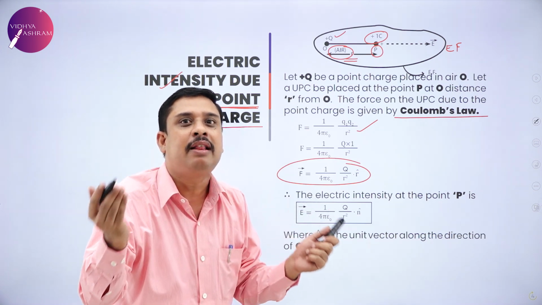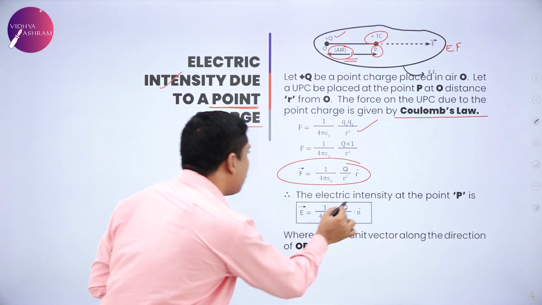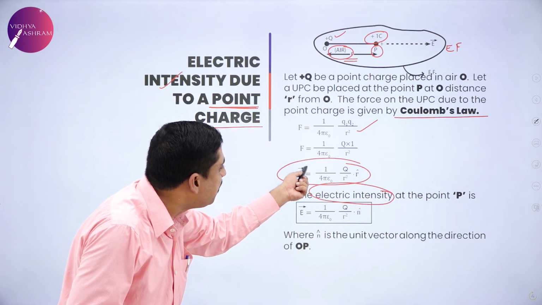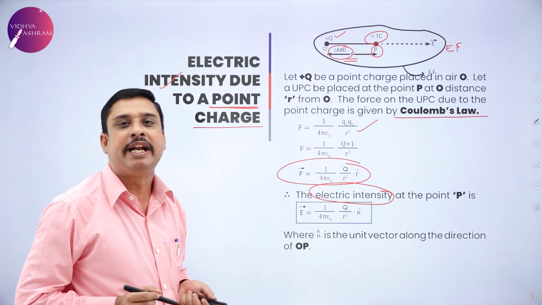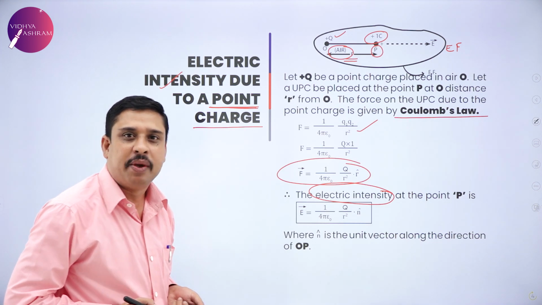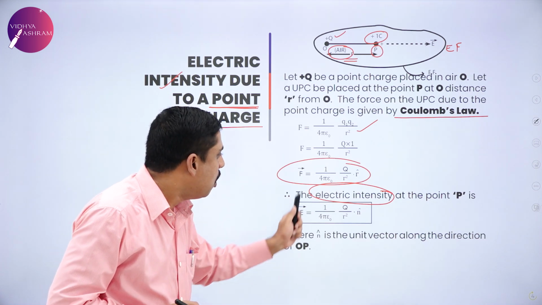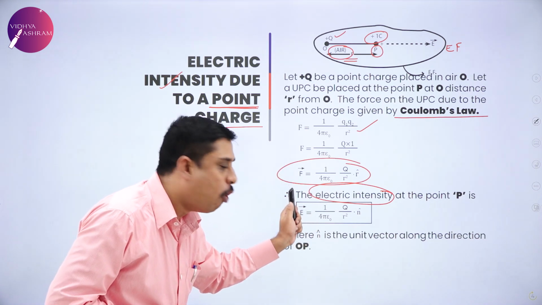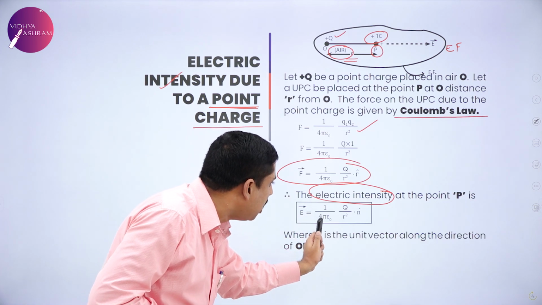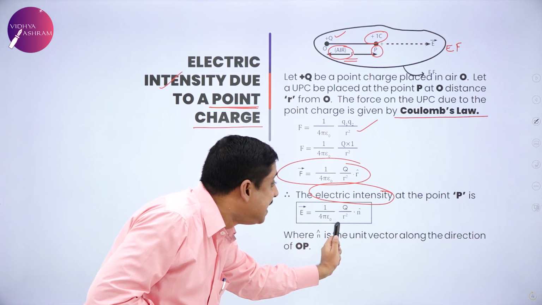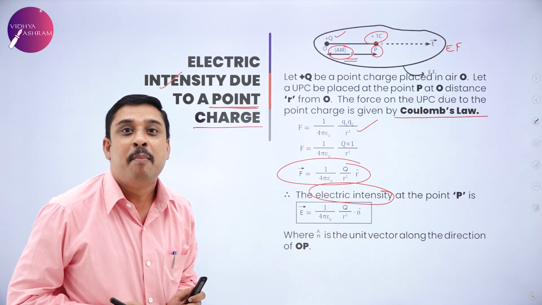And what did we call that force? It was nothing but intensity. So I have computed the expression for intensity. So we write intensity is always 1 by 4 pi epsilon naught charge divided by distance square.